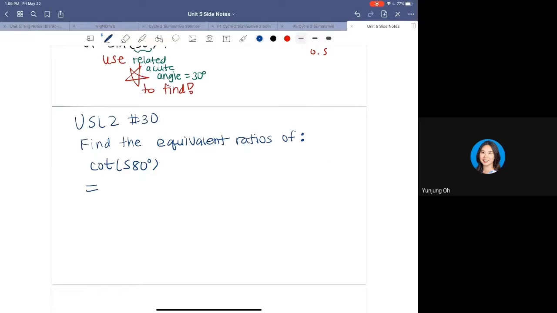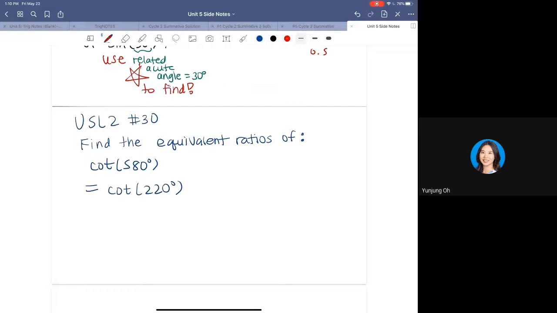Abby's question, cot 580. I don't want to write it in terms of 580 because that's not in standard position. So the first thing I'm going to do is write it as cot 220 degrees.